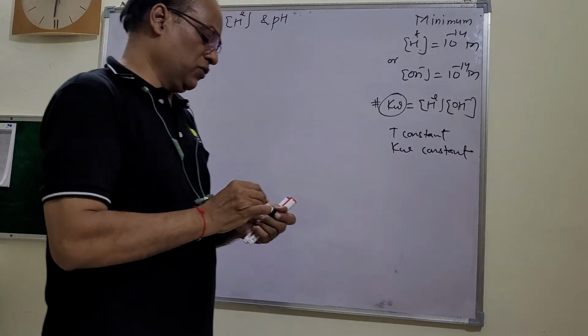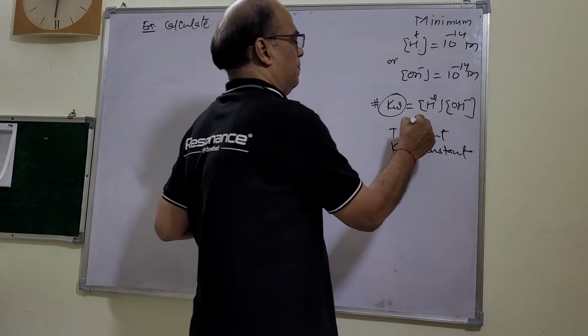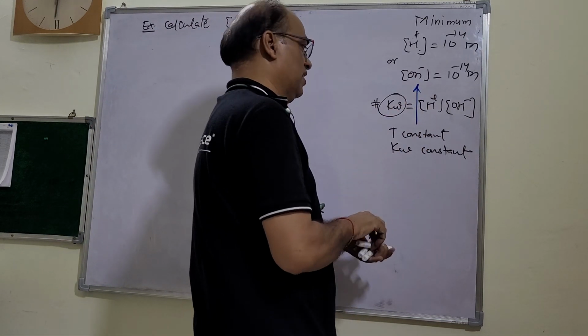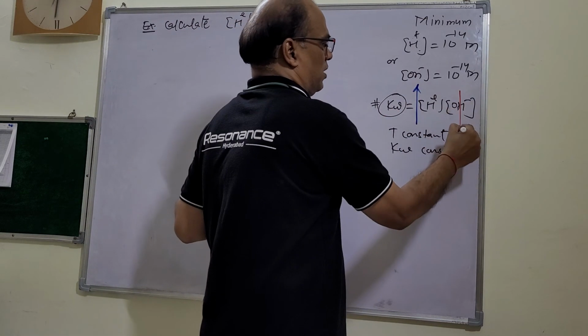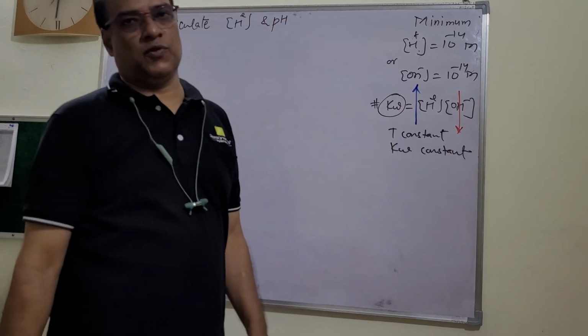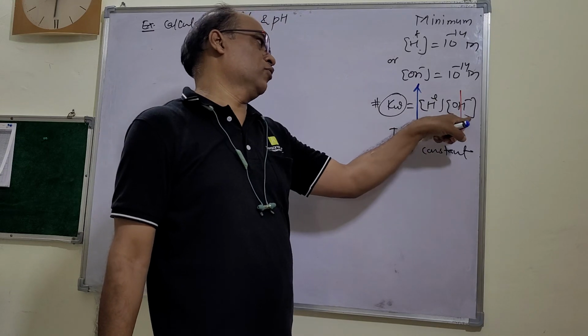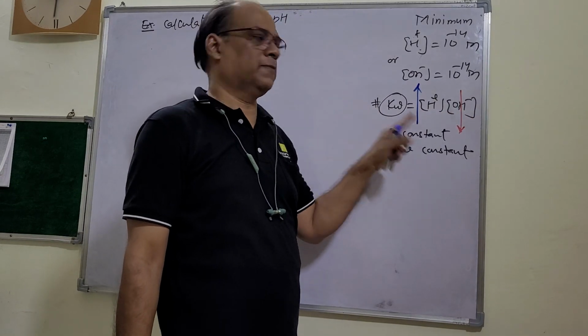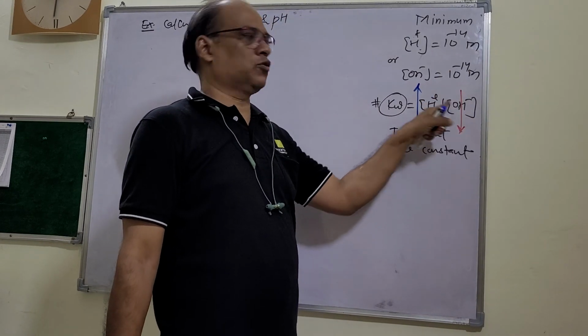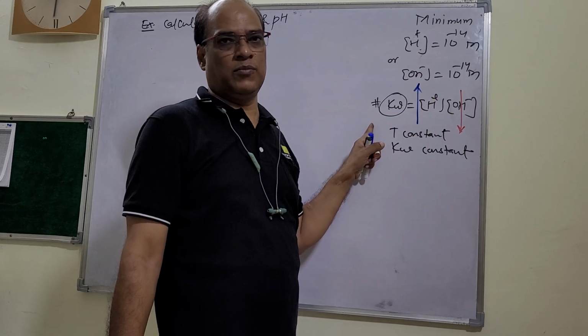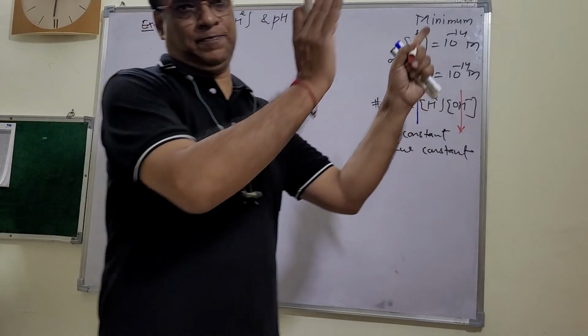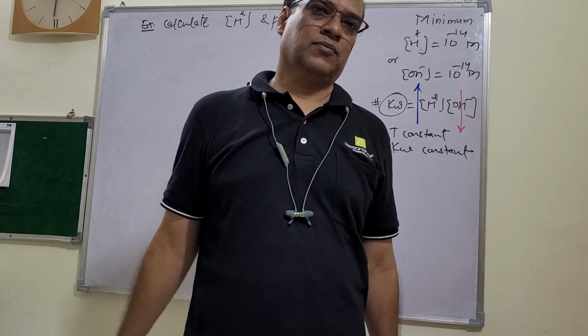So if you increase the H+, obviously OH- will decrease and the product remains same, 10 to the power minus 14. So that's why maximum H+ is 1 molar, so minimum OH- is 10 to the power minus 14 molar. Maximum OH- is 1 molar, so minimum H+ is 10 to the power minus 14 molar. So they keep on swinging between these two limits.